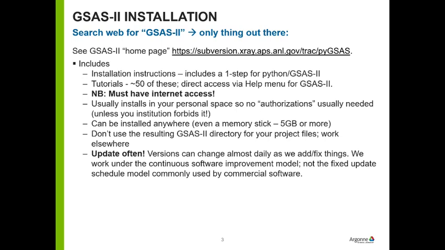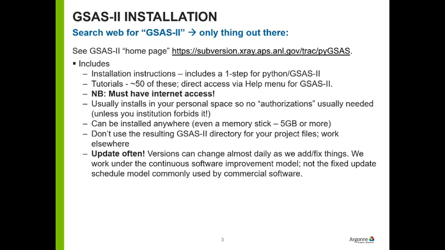For instance, if you're interested in magnetism, there's 5 tutorials that cover doing magnetic structures inside GSAS-II. There's 2 for texture and so forth. I strongly recommend you do that. You have to have internet access for looking at the tutorials, but once you've downloaded the tutorial and the files, you don't need the internet access anymore.